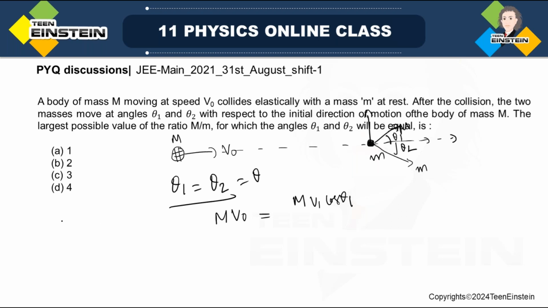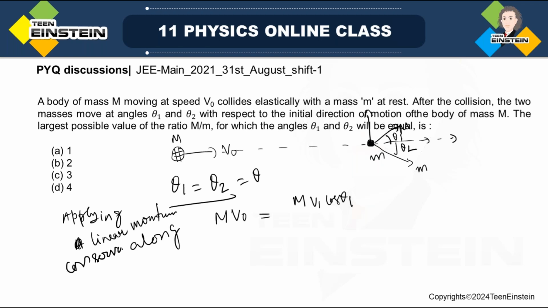I am applying linear momentum conservation along positive x direction.